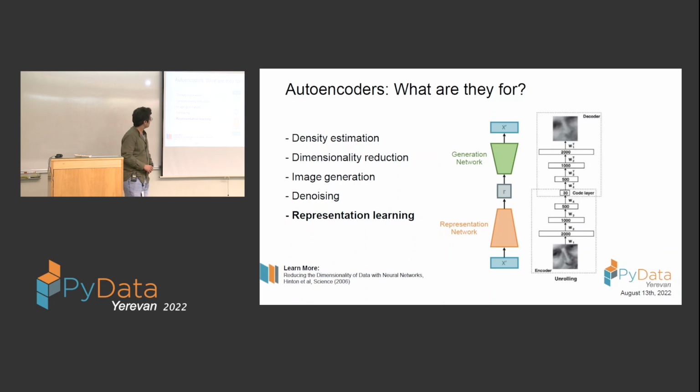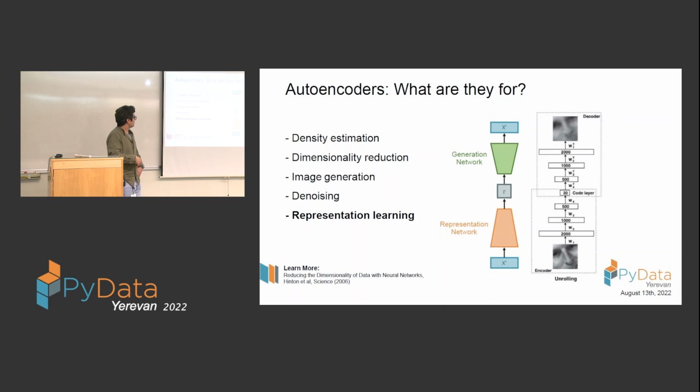So you can do density estimation, or you can use it for dimensionality reduction. How it works is you have this input, you compress it, so you put it inside the model and you get the compressed numbers, fewer numbers. And then if you want to decompress it, you put it in the generation network.